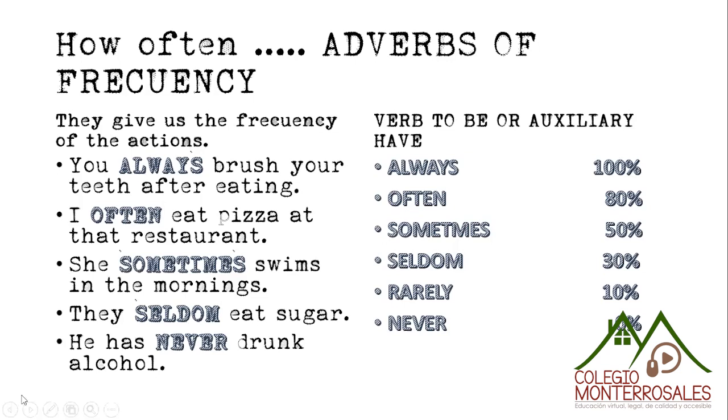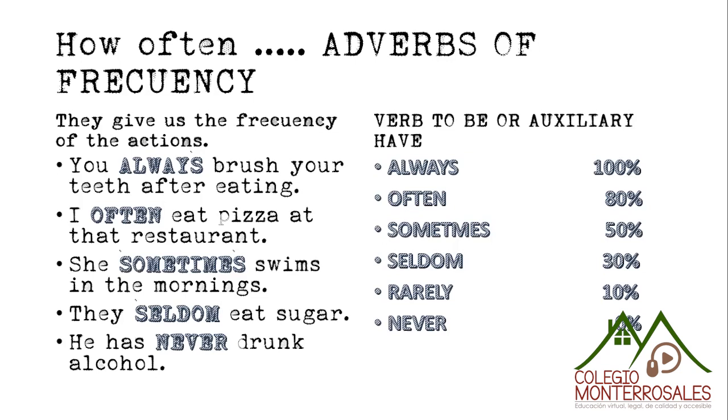Let's go to he has never drunk alcohol. So it means that he never, never has drunk alcohol in his life. For example, I never drink alcohol if I have to drive a car. Okay? I need to be very responsible for my life and for the life of other people, and security, of course.